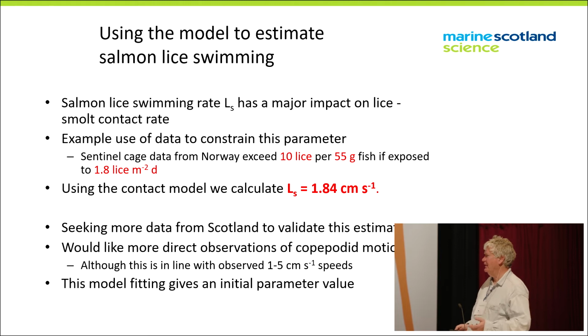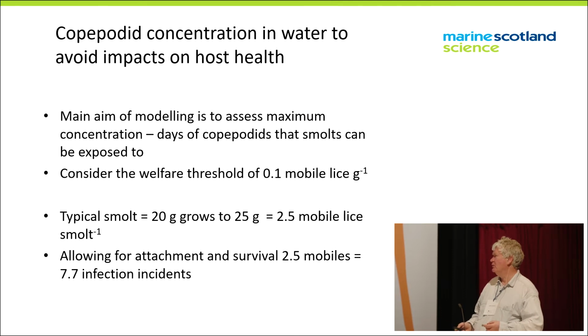That's just one set of data. We would like to recalculate that using Scottish data to help validate the estimate, but it is also consistent with observed copepodid swimming speeds of about 1 to 5 centimeters per second. And we just use this parameter value to investigate the model.